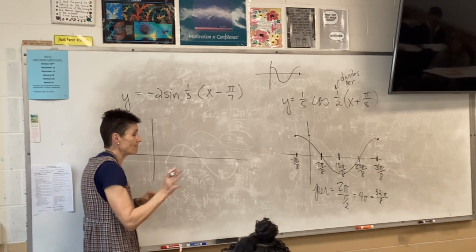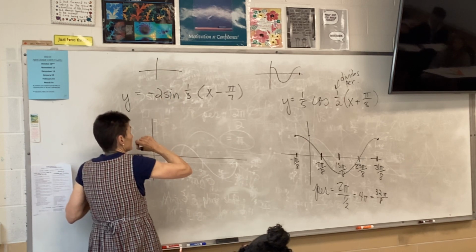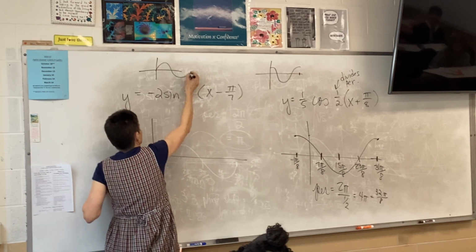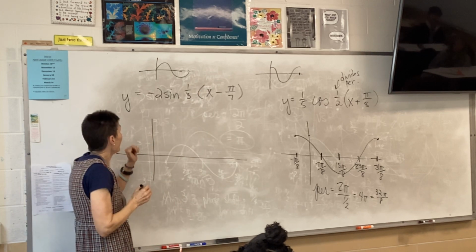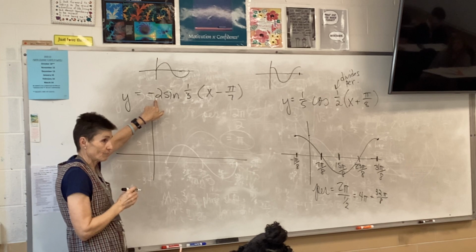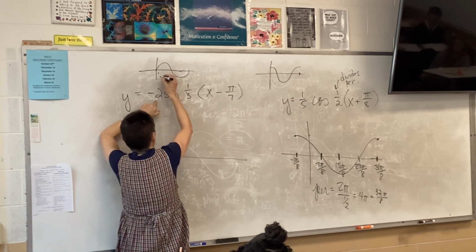Now I like to remind myself what a sine looks like. A sine looks like this, right? But there's a negative in front, which means it's going to look like this.